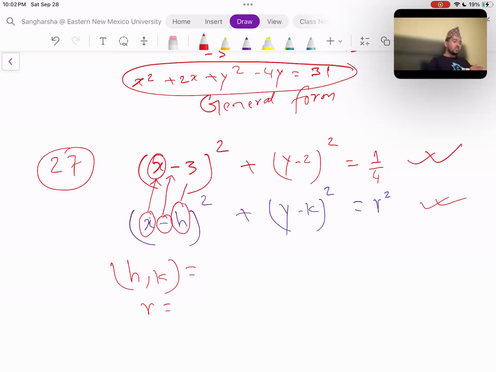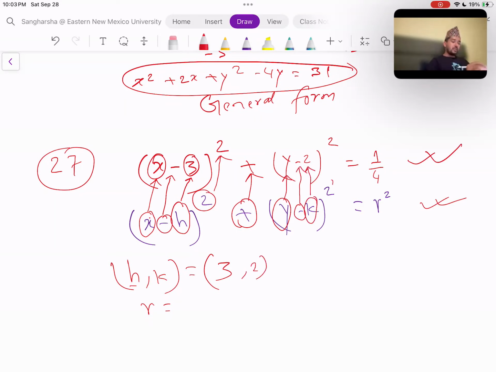For h, what do we have? 3. So your h is 3. For square you have square, for positive you have positive, for y you have y, for negative you have negative. For k you have 2, so your k is 2. So this is your center.